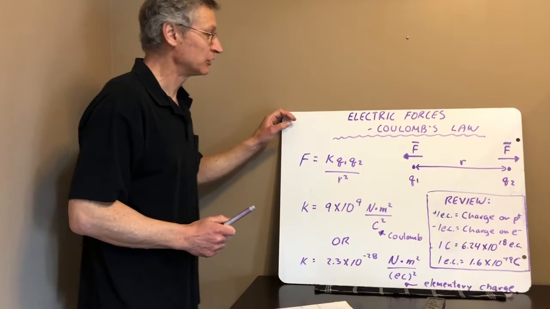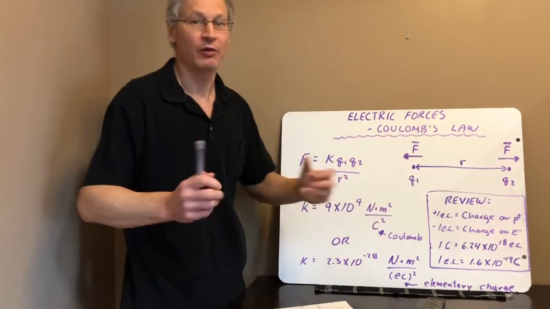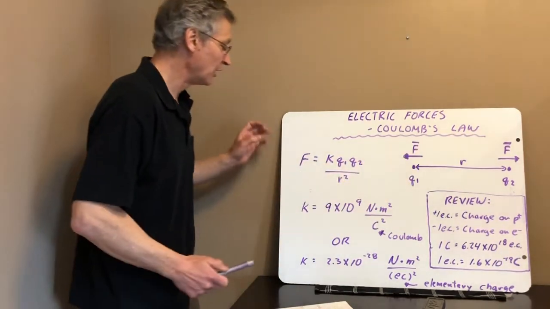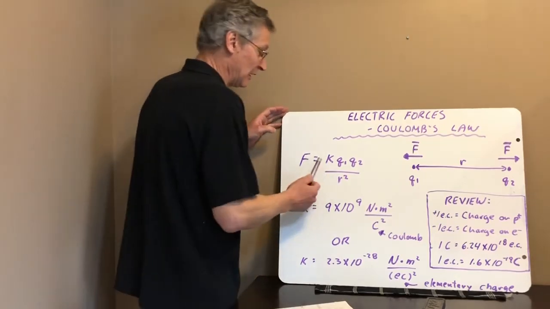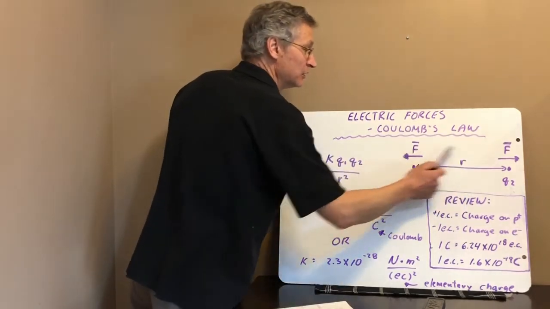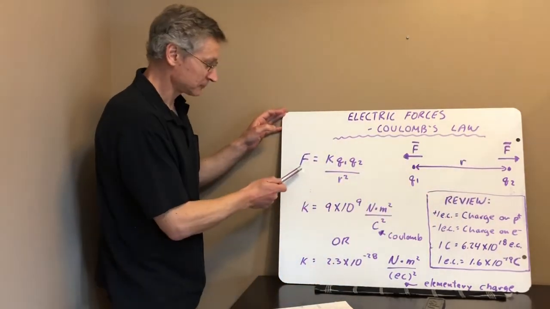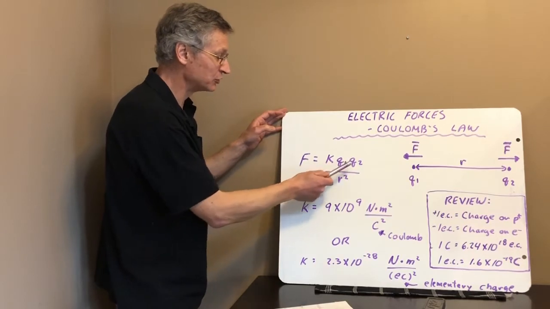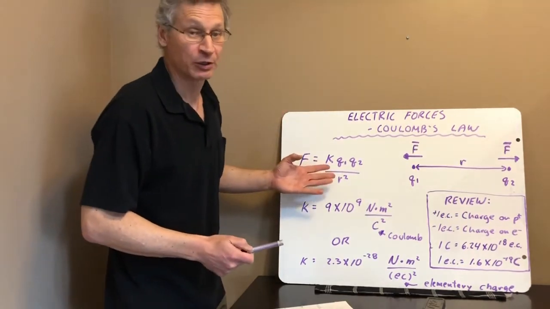Now exactly how big are these forces? Well, that's where Coulomb's law comes in. To calculate how big these forces are, here's how you do it. The force of attraction or repulsion between these charges, F, is equal to K times Q1 times Q2 over R squared. Looks familiar, right?